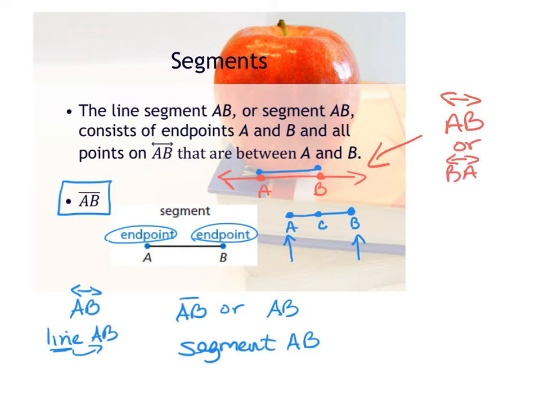The order doesn't matter. Same thing for the segment. I could call this segment AB, or I could call it BA. The order of the letters doesn't matter. However, when we get to rays, which is the next slide, the order of the letters is important to us. So we must put them in the correct order.